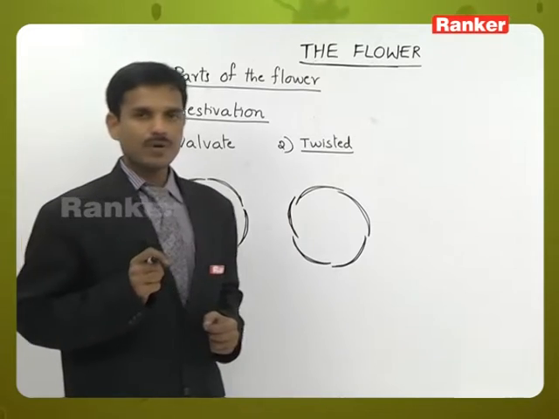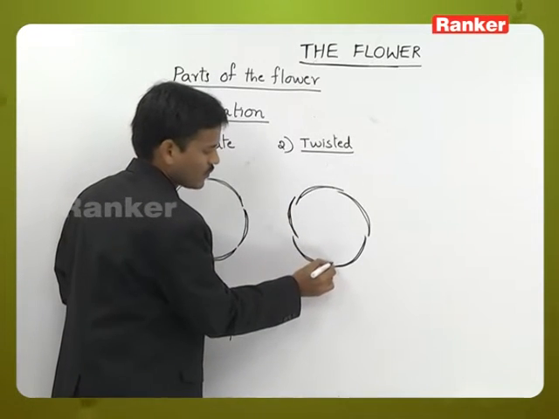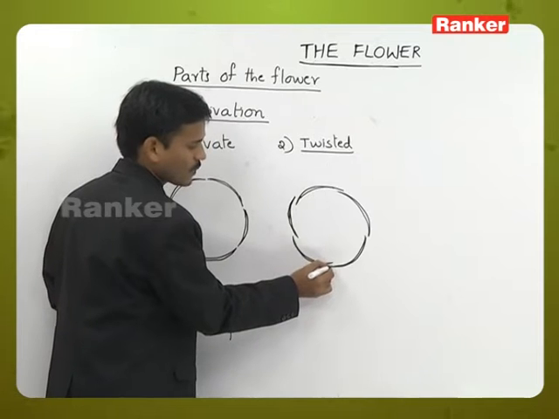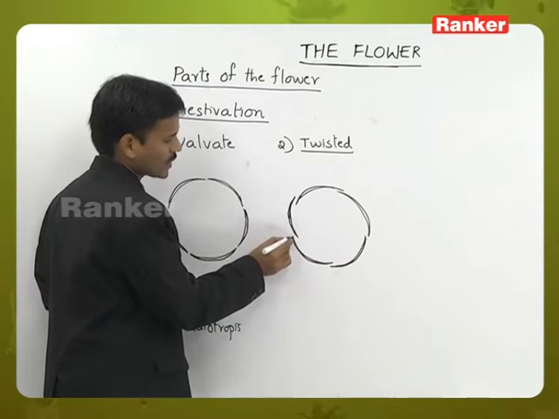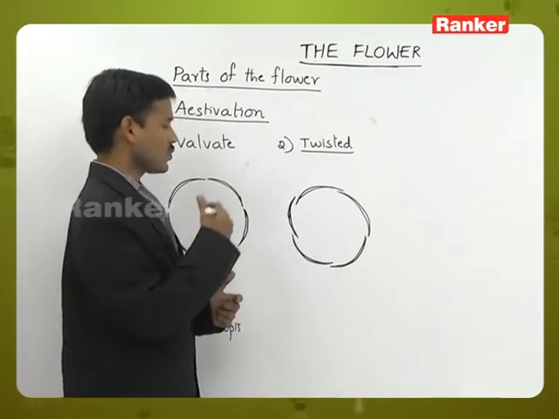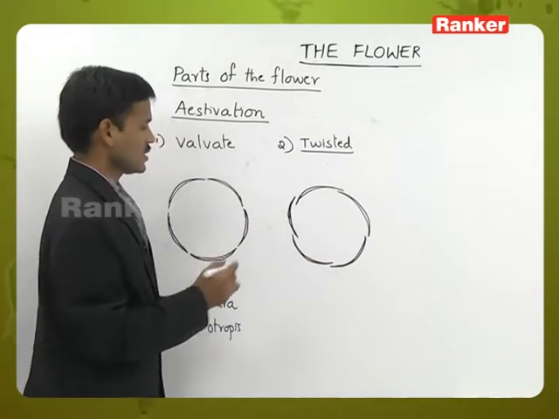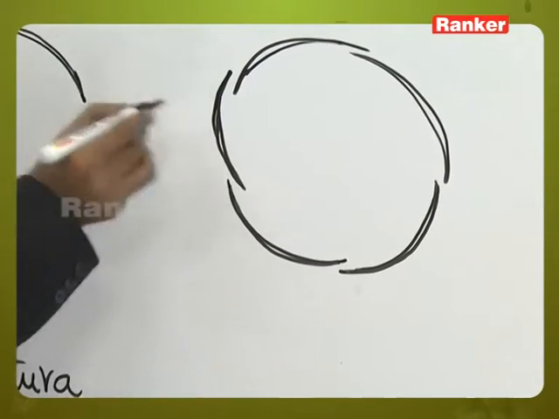In the twisted type of aestivation, one margin of a floral part is overlapped by the adjacent part, and it is overlapping the next one. So it is overlapped by this one and it is overlapping the next one.